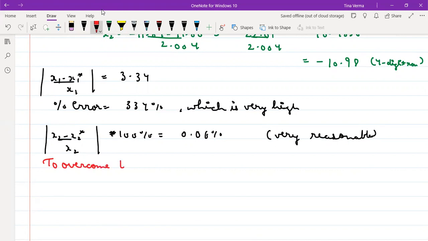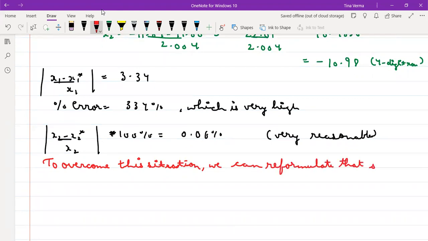To overcome this situation, we can avoid the subtraction of two nearly equal numbers. That means we can reformulate that step. What was the step?